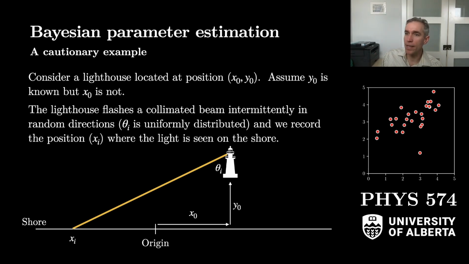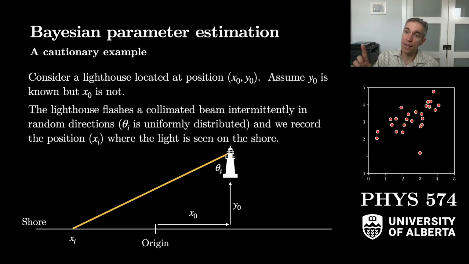And we're going to do it in the most arcane way possible, where this lighthouse is going to be spinning around, and it's going to be emitting a light beam periodically. It's a highly collimated beam, and it's going to fly out, and it's going to hit the shore at some position xi, and we're going to measure that position along here because we've set up a giant array of photodetectors or something like that.